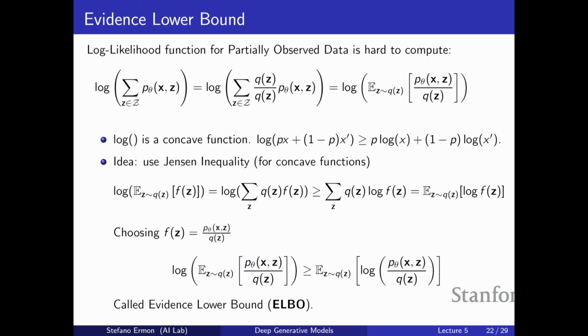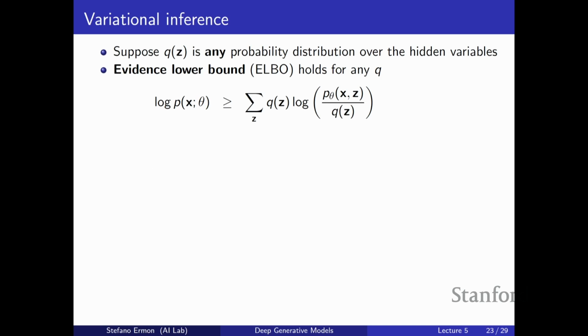Yeah, I guess this is related, but is there a way to quantify how tight the bound is? Yeah. So there is a way to quantify how tight the bound is. We know that for any choice of Q, you have this nice lower bound on the quantity we care about.